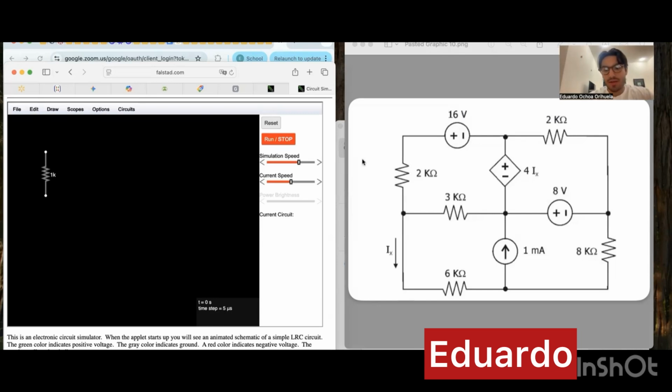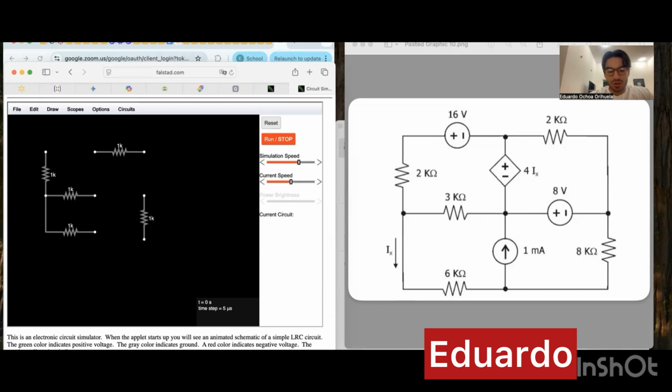Here we have a couple of resistances. We have 1, 2, 3, 4, 5 resistances, right? So we have this 2 kilo ohm, which is this one right here. We have this 3 kilo ohm going right here, 6 kilo ohm at the bottom, 2 kilo ohm at the top, and 8 kilo ohm right here to the right.